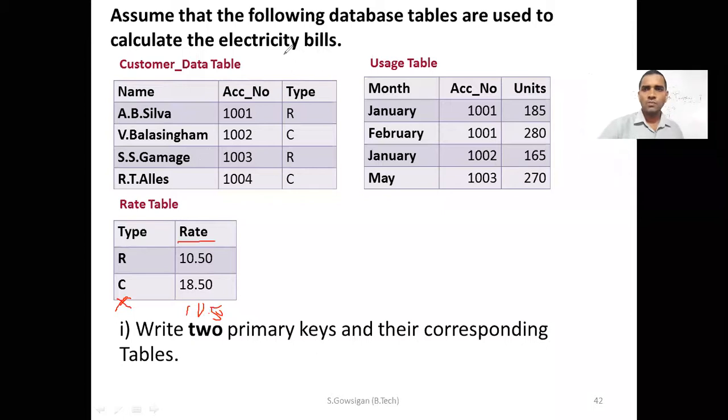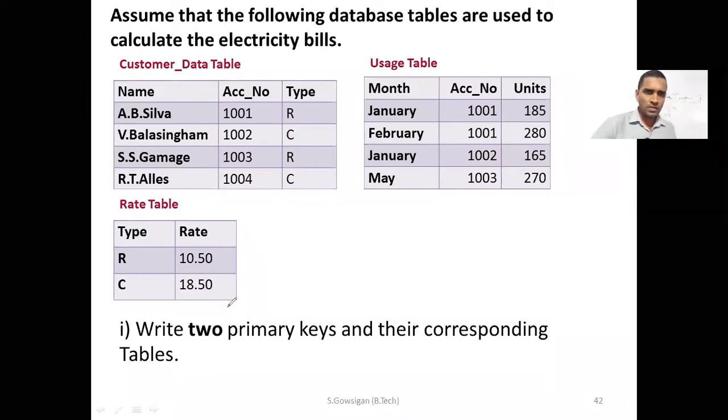It is impossible. Even I can argue in this manner. So see, now R 10.50, C 18.50. So sometimes maybe in the near future, both R and C can have same rate, right?